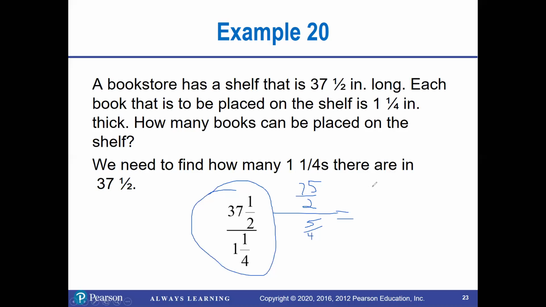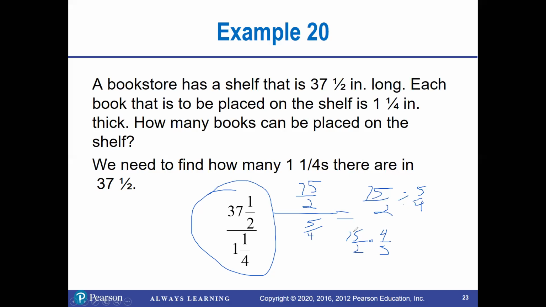But when you show it to them this way, that's 75/2 divided by 5/4. Now it's something, oh wait, I can do that. We can do the reciprocal. 75/2 multiplied by 4/5. Now, can we make this a little bit easier on us?